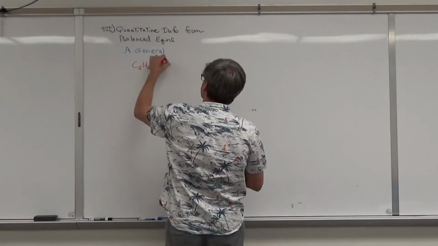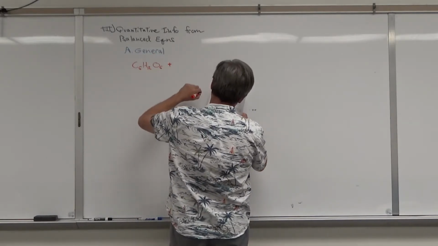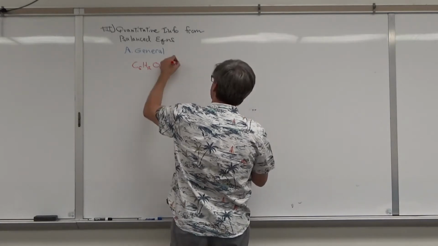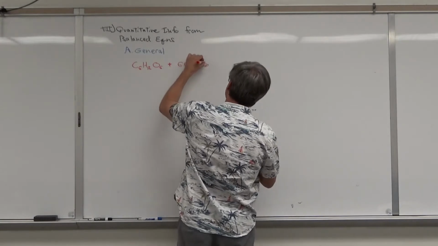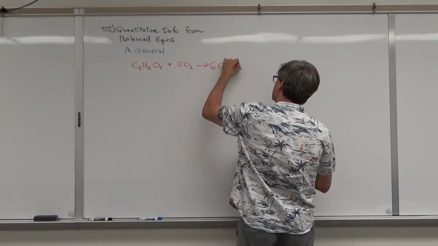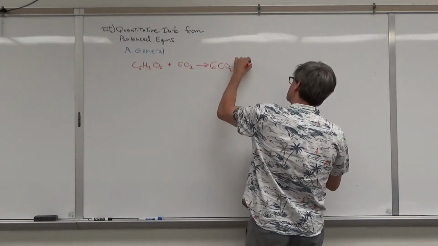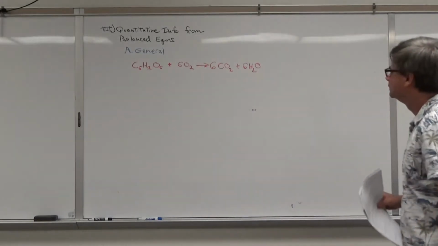Glucose is a sugar. Sugars always have a lot of oxygens on them. Plus 6 O2 goes to 6 carbon dioxide plus 6 water. That's the balanced chemical equation there.